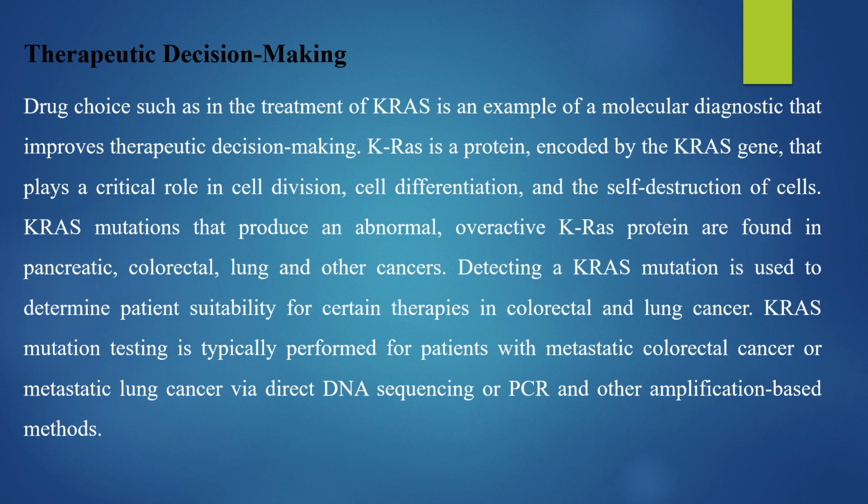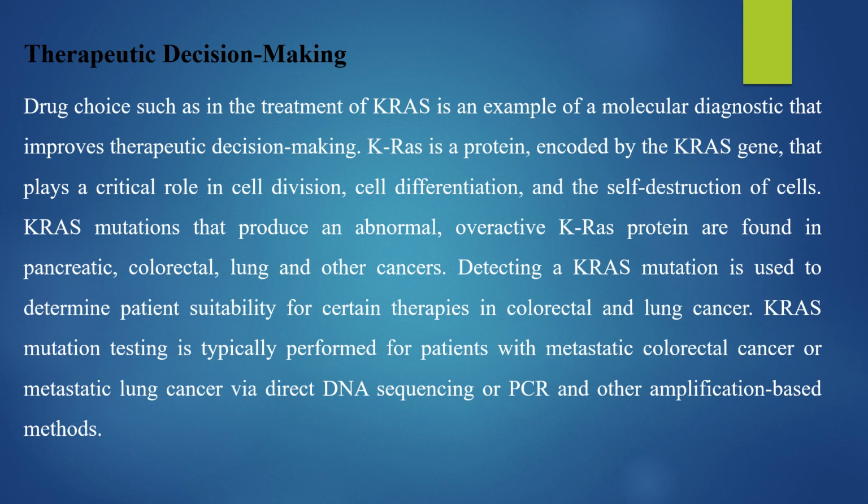So, therapeutic decision making. Drug choice, such as in the treatment of KRAS, is an example of a molecular diagnostic test that improves therapeutic decision making. KRAS is a protein encoded by the KRAS gene that plays a critical role in cell division, cell differentiation, and the cell destruction of cells.